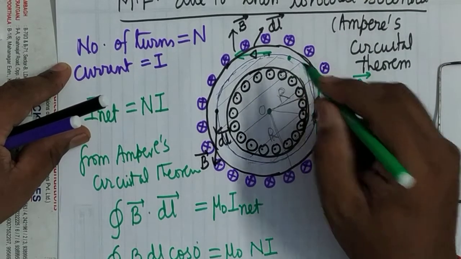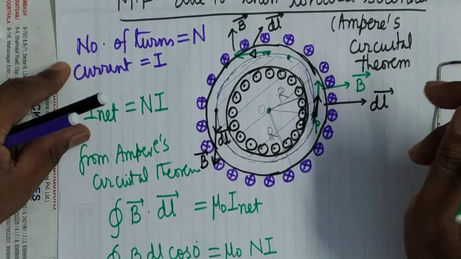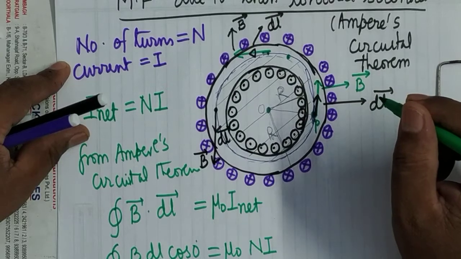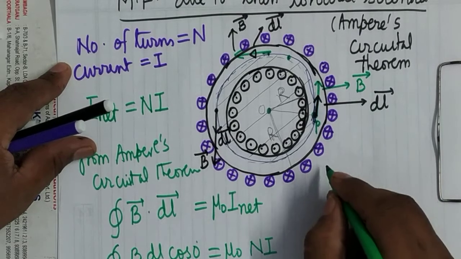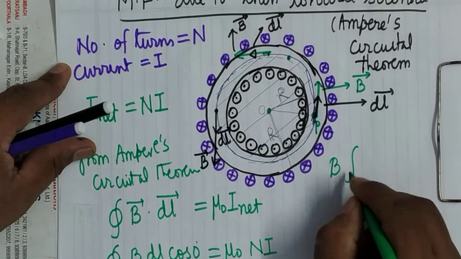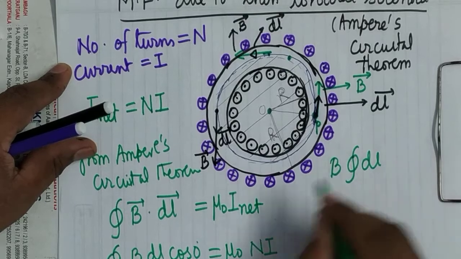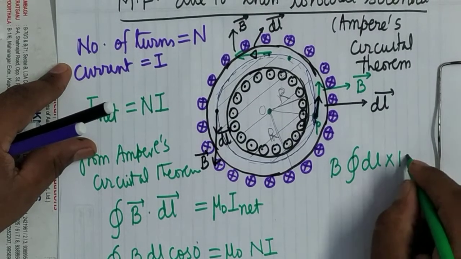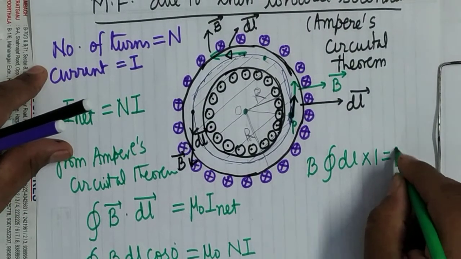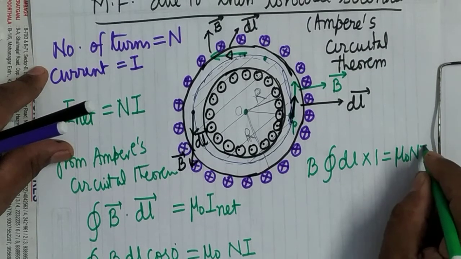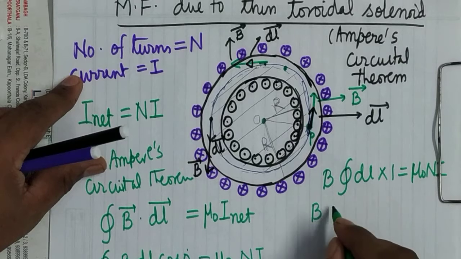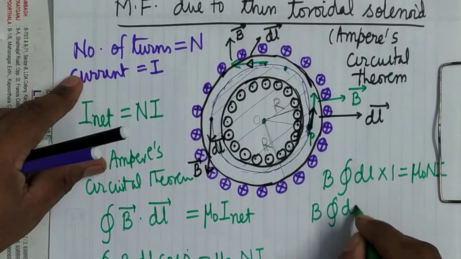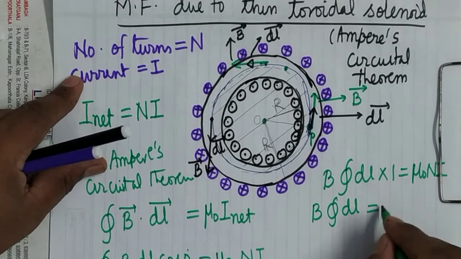It is equal to the average radius of the toroidal solenoid, which I have taken as capital R. So since B is the same in magnitude, you can take it out common. Integral dl cos 0, which is 1, equals mu naught N I. So we can write B integral dl over the Amperian loop equals mu naught N I.